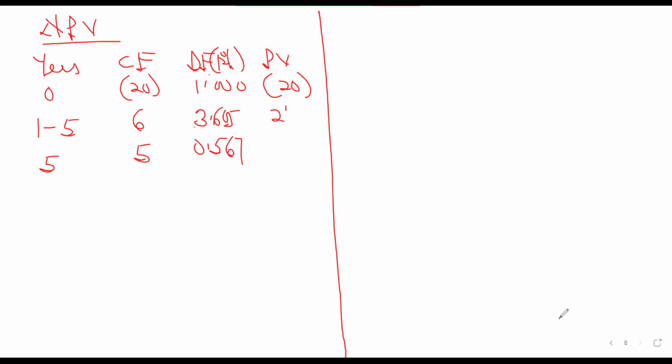Okay, I'm having this one to be 21.63. That's correct, 21.63. Okay. I'm having 2.835. Okay, what will be the net present value?